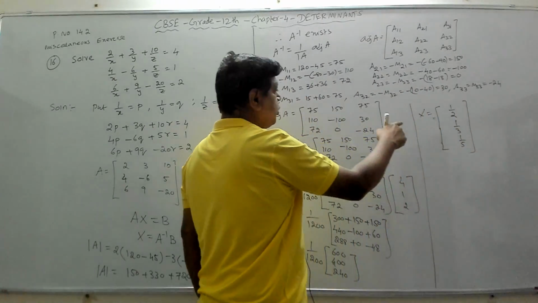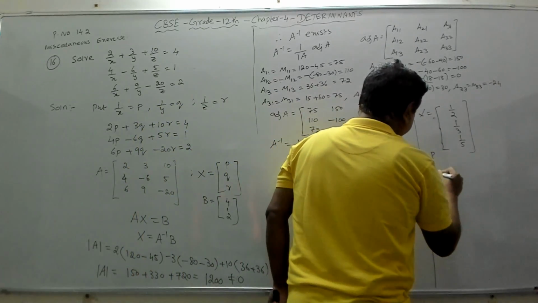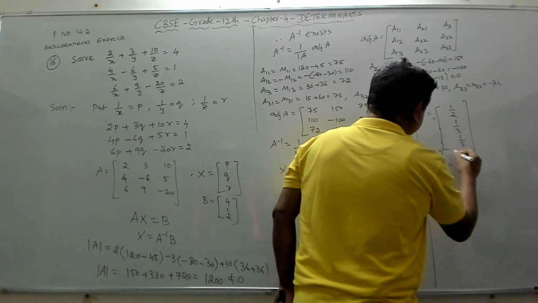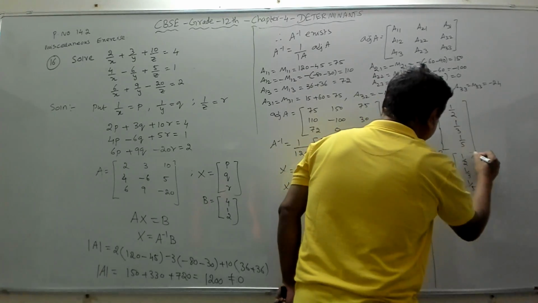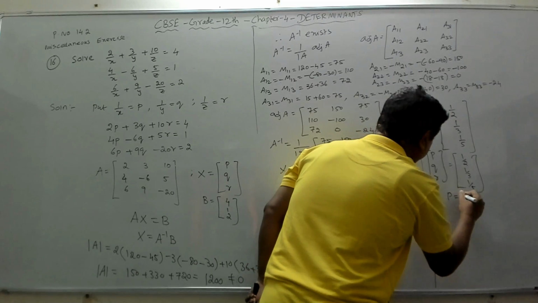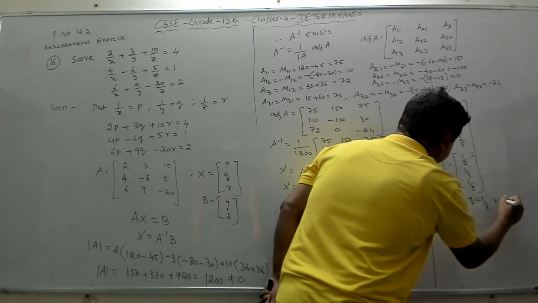So your X is PQR, which is 1 by 2, 1 by 3, 1 by 5. Therefore P is 1 by 2, Q is 1 by 3 and R is 1 by 5.